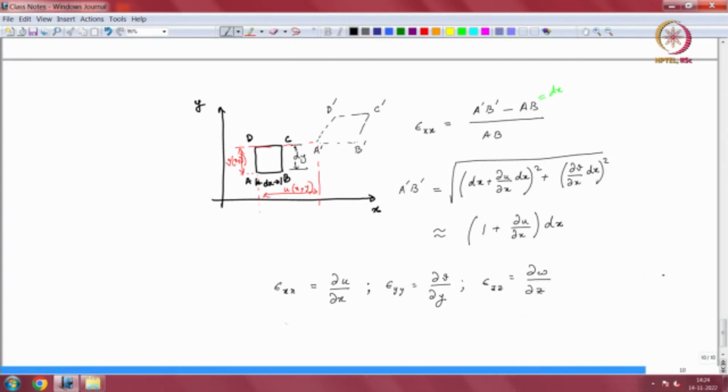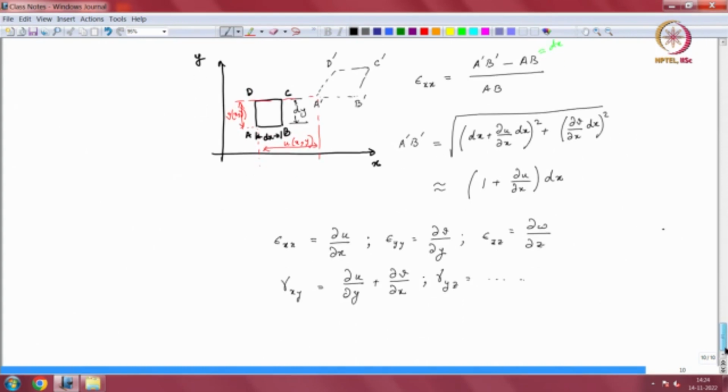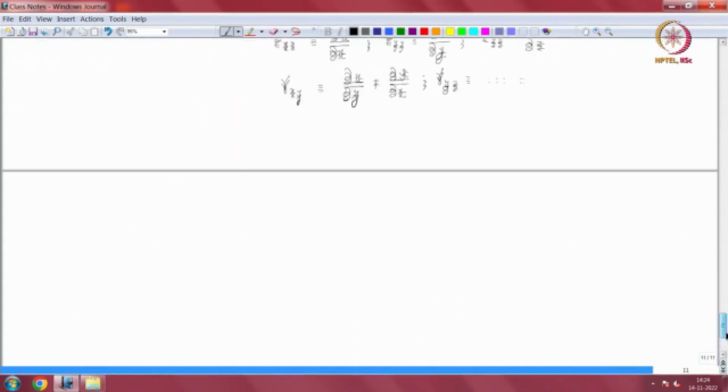And then there are shear strains. So, for example, gamma xy, which can be written as del u by del y plus del v by del x. And similarly for the other strains, I am not going to write them down. I am just stating this for completeness and to show you how this is related to the previous derivation.